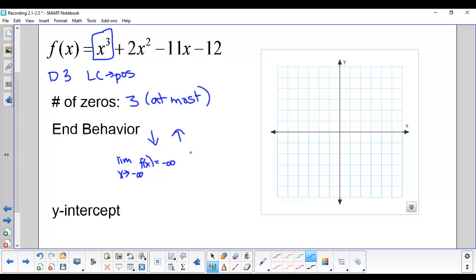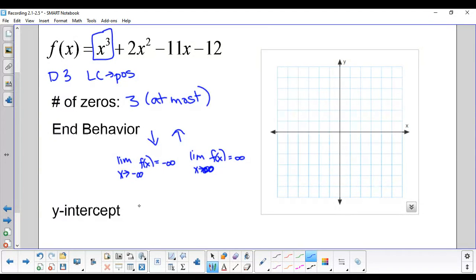And what this arrow means is the limit as x gets very large, our y values are going to approach positive infinity. Okay, so that's what the arrows mean. That's kind of what the tails of the graph are going to do.